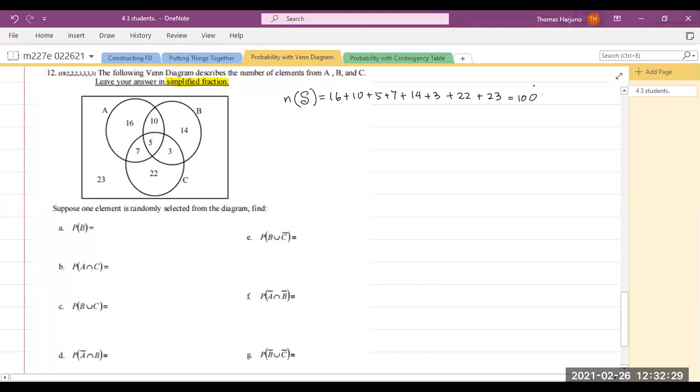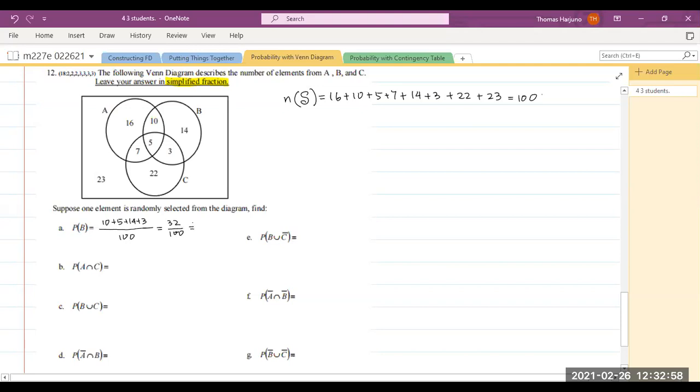Now, what is the probability of selecting one element from B? Then I will see how many elements in B. 10 plus 5 plus 14 plus 3 over 100. When I add them, that's 29, 32, that's 32 over 100.